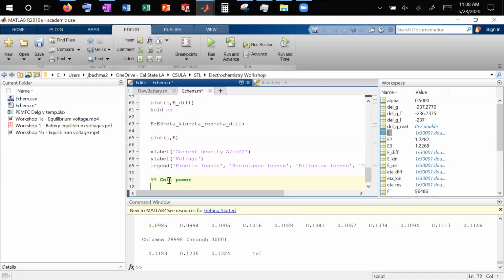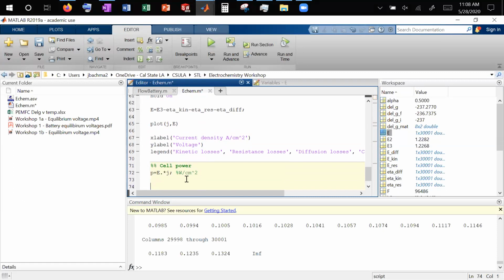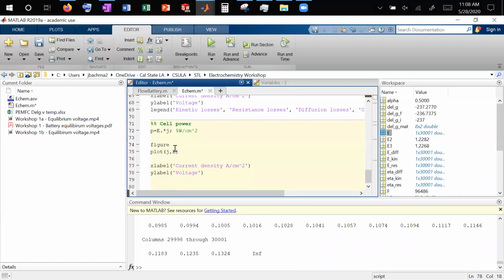Power is going to be equal to E times J at every point, and this power is going to be in watts per centimeter squared. We're going to do a similar plot, but instead of E, we're going to plot power. This is going to be power density.